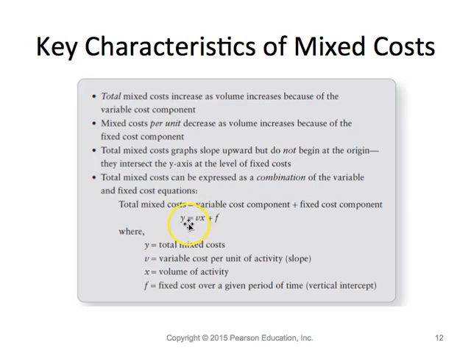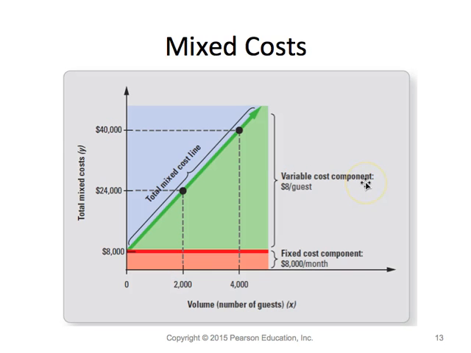When x equals 0, y equals F. So on the axis there's this F here, and everything starts from F. So this is F, F equals 8,000. We start from F, and then we just draw a line upward.